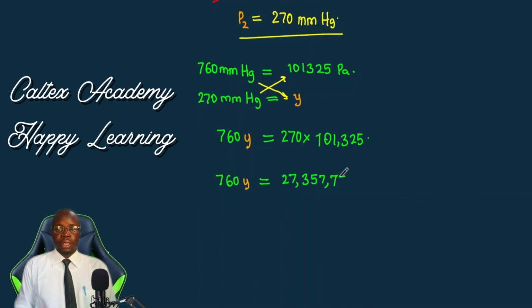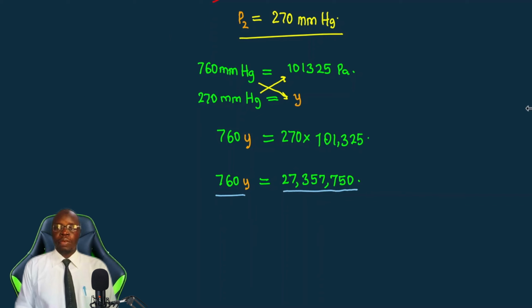So we can divide both sides of our expression here by 760 to get our value of Y.